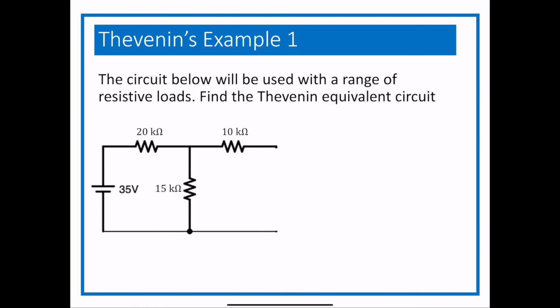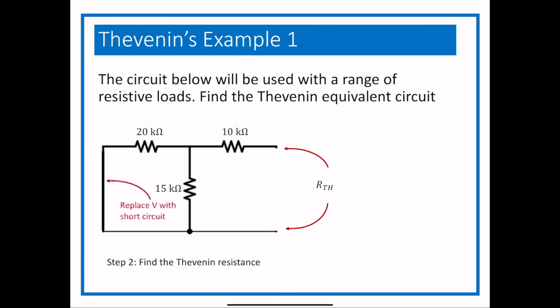Now that we've gotten to this point, we're going to figure out what our Thevenin resistance is. So we're going to take the voltage source and we're going to short it, so you notice that it's gone. And then we're also going to look at what is available in the circuit as far as nodes go.